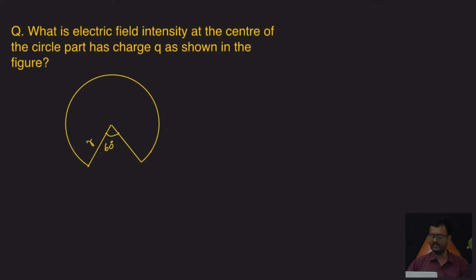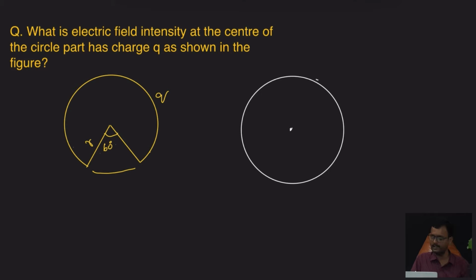What is the electric field intensity at the center of the circle which has a charge q as shown in the figure? Here the circle has a radius r. This is not a complete circle; the empty remaining part has a charge q. Suppose we take a quarter circle, I take this part. There is an exactly opposite equal part with respect to the center on the circle.